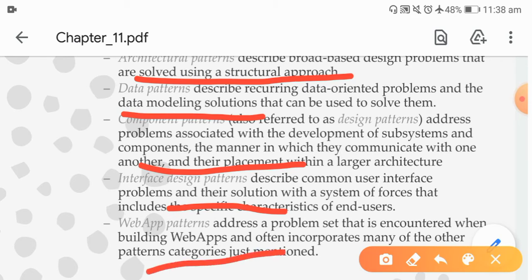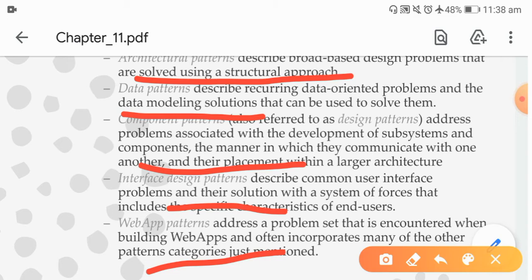Next is the web app patterns. Web app patterns address a problem set that is encountered when building web apps and often incorporate many of the other pattern categories just mentioned. As we say for ATM machines, whatever transaction you are doing, the first requirement is that your internet needs to be of good quality.